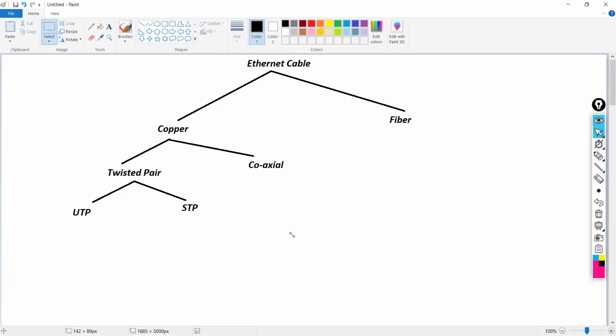Then in UTP, we have different categories. So what are those categories?